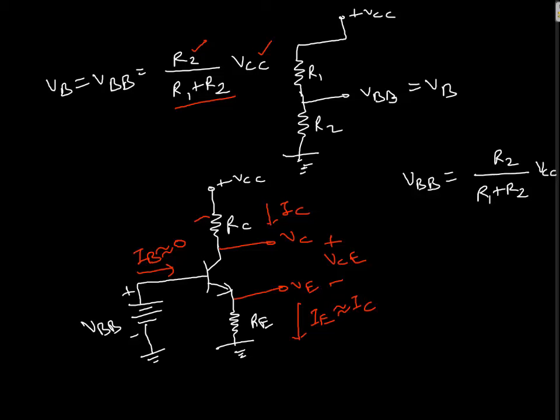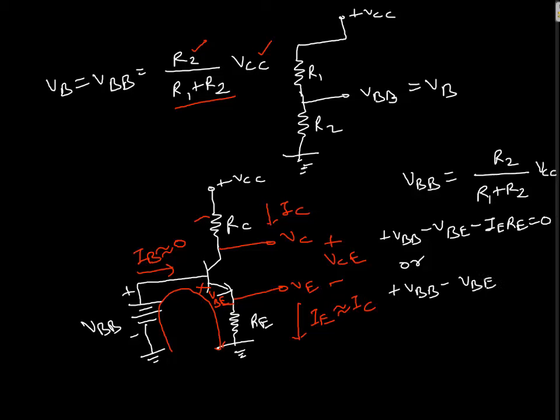Now, if I apply KVL in this loop, where this voltage is VBE, I can write plus VBB minus VBE minus IE RE equals 0, or plus VBB minus VBE minus VE equals 0.